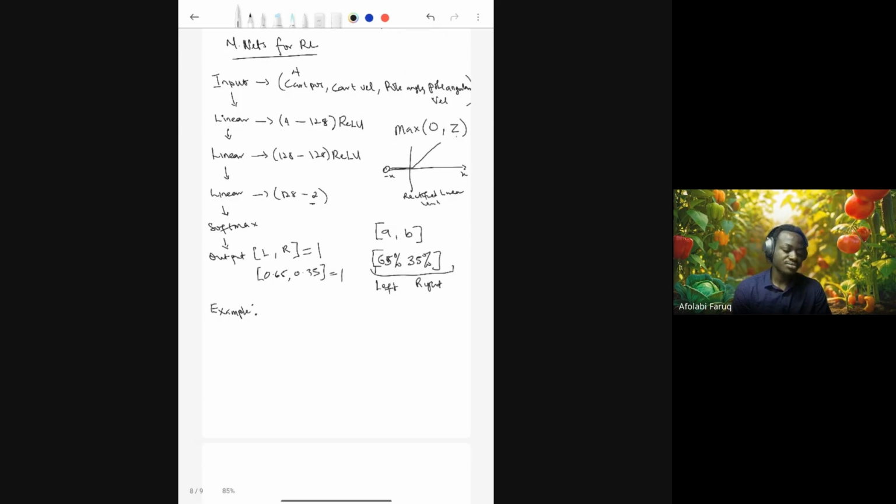An example would be, during this linear layer, we could have something such as, let's say, raw output. Raw output could be something like minus 0.5 and 1.2. Left, right.